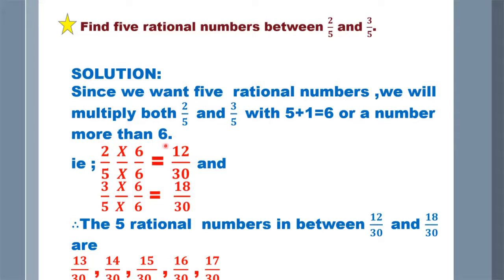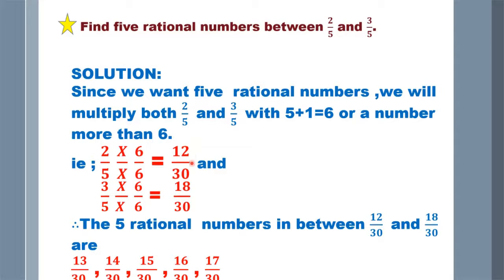Then we get the equivalent rational number 12 by 30. Similarly, if we multiply 3 by 5 with 6 both in numerator and denominator, we get another equivalent rational number, that is 18 by 30.